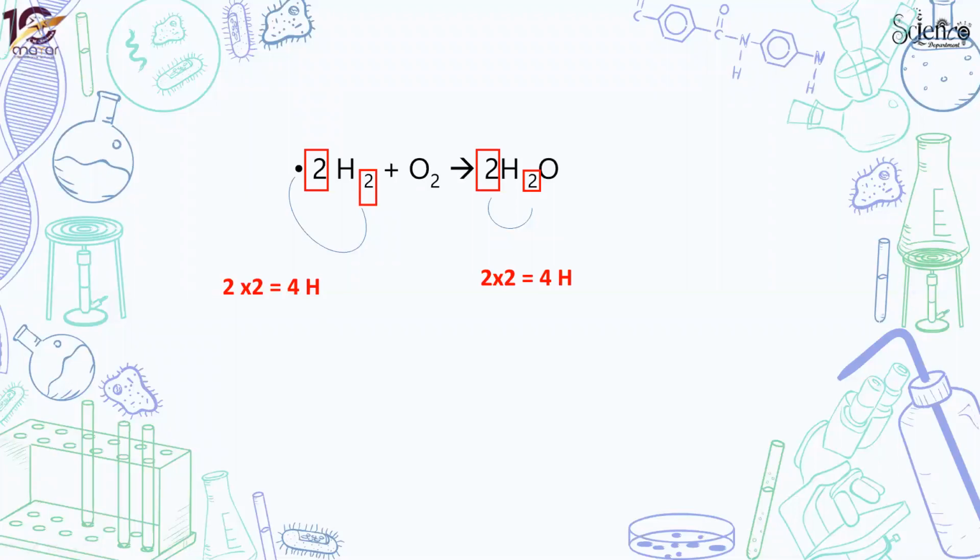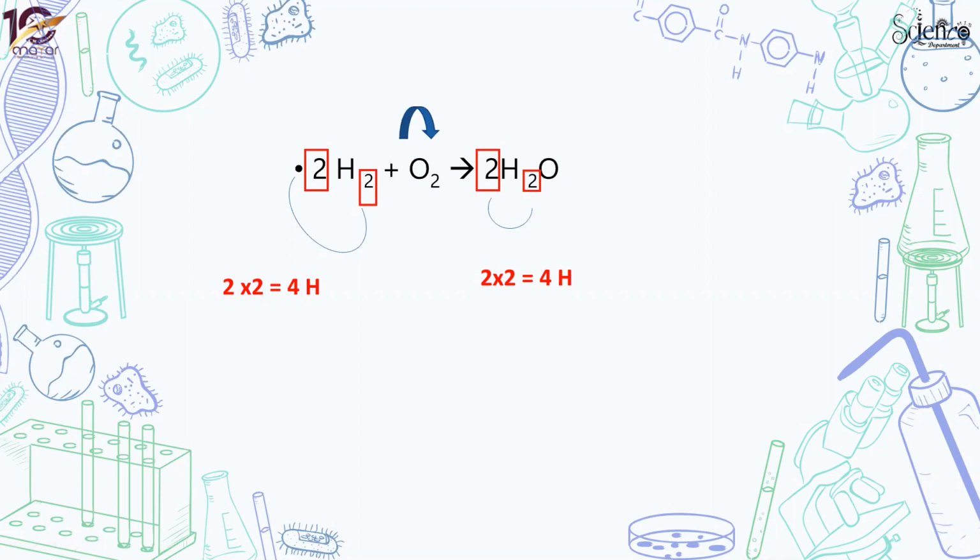Now, how can I find the number of oxygen atoms? Do I have a number in front of the oxygen? We don't have a number, which means that here the number is 1. So to find the number of oxygen atoms, again, I'm talking about atoms.